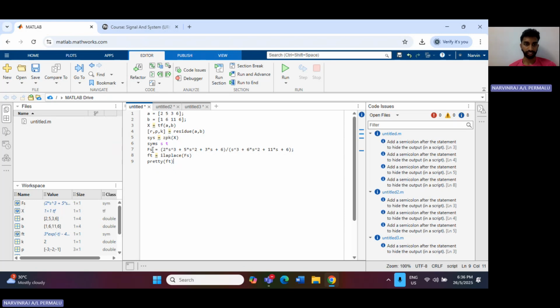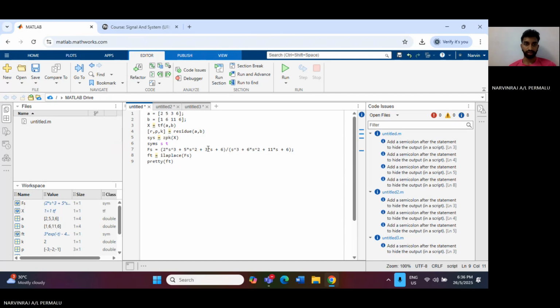After that, syms s t, and then the following lines: Fs equals (2s^3 + 5s^2 + 3s + 6) over (s^3 + s^2 + 11s + 6), and then Ft equals ilaplace(Fs), pretty(Ft). This means the symbolic code computes the inverse Laplace transform of the transfer function. The result, Ft, is the time domain output of the system.